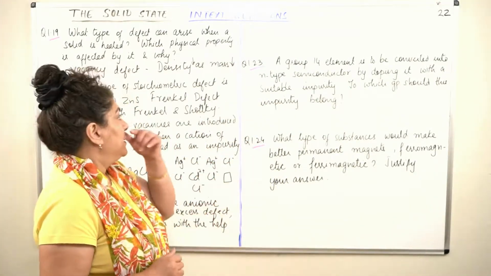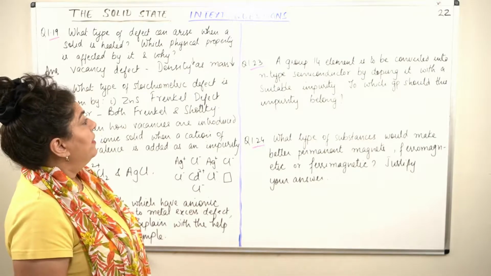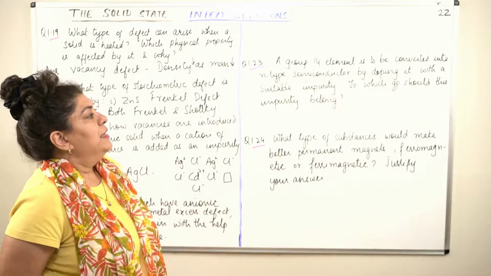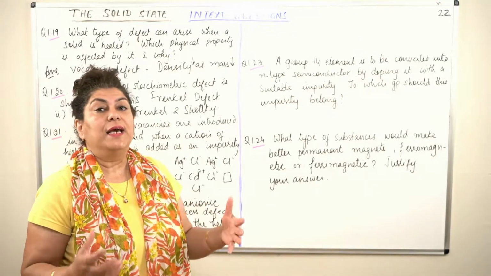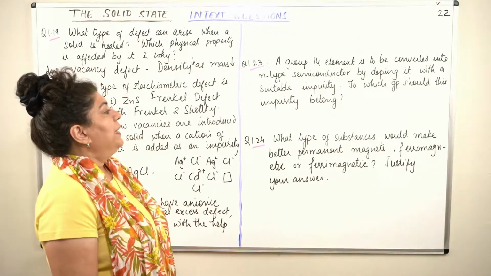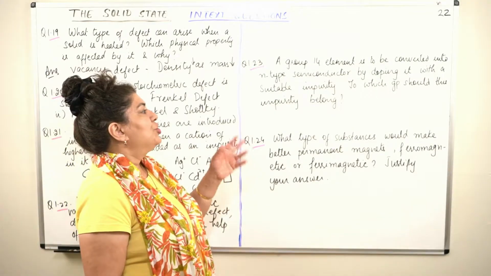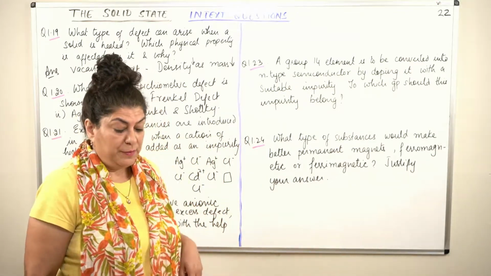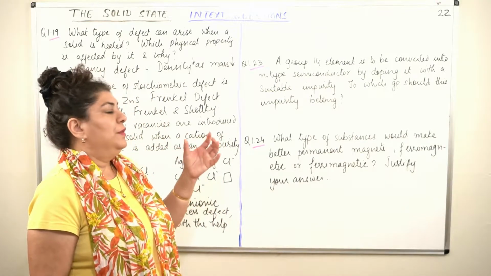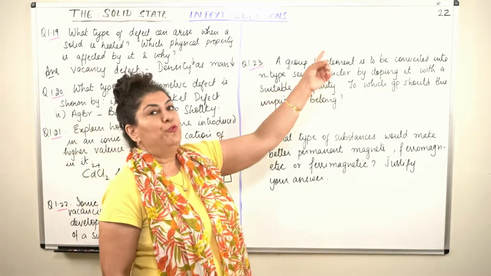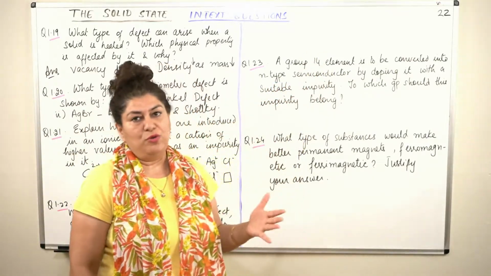The next question is, a group 14 element is to be converted into an N-type semiconductor by doping it with a suitable impurity. To which group should this impurity belong? Semiconductors are usually group 14 elements, they have 4 electrons in their outermost shell.